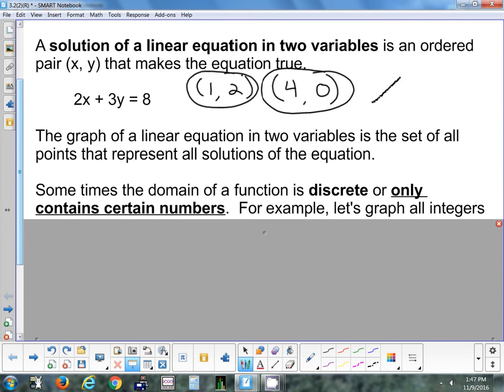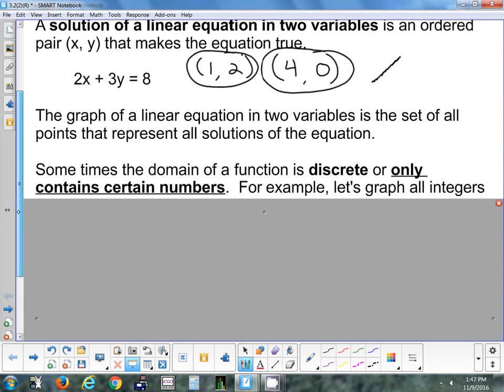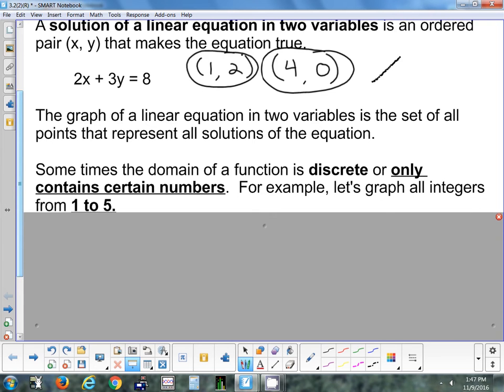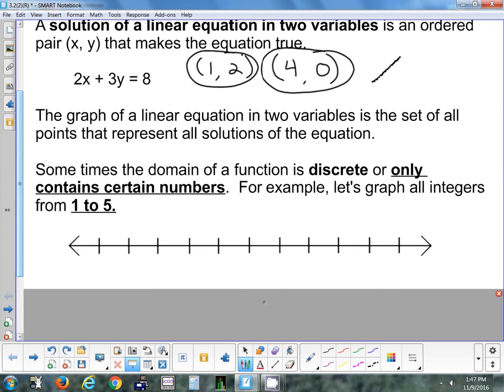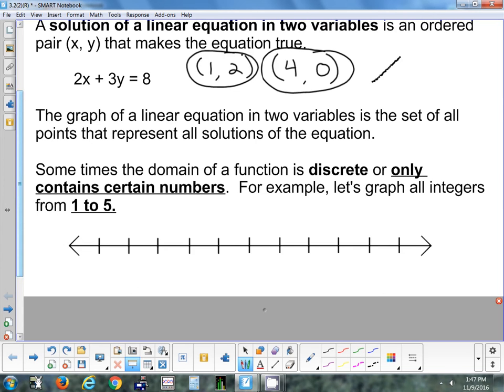Guys, you have two blanks on your sheet for that second bullet. For the first blank, you're going to write discrete. Then after or, you're going to write only contains certain numbers. And also, at the last blank, where it says let's graph all integers from, you're going to write in 1 to 5.